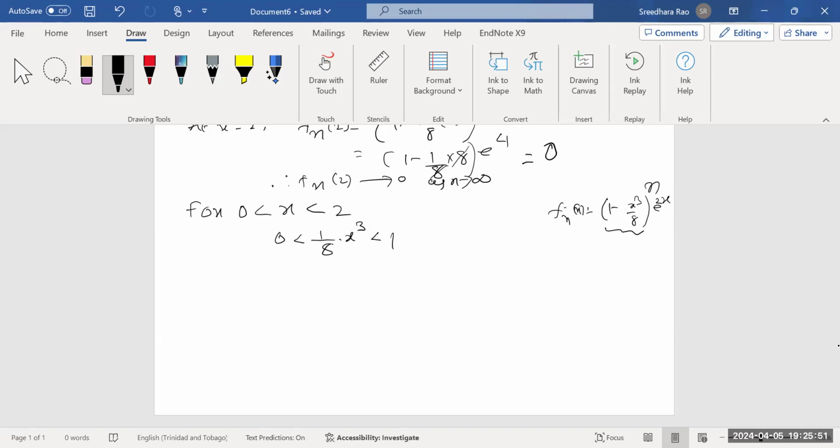So 0 is less than 1 by 8 times x cube, which is less than 1.